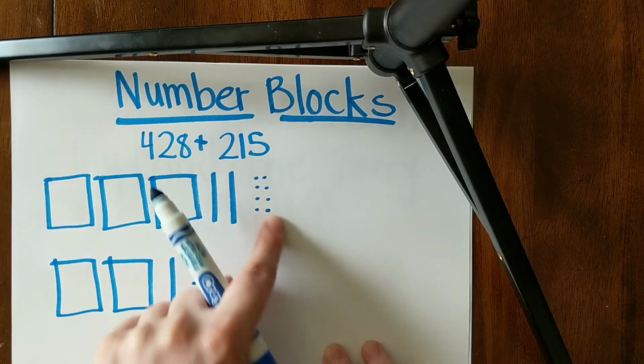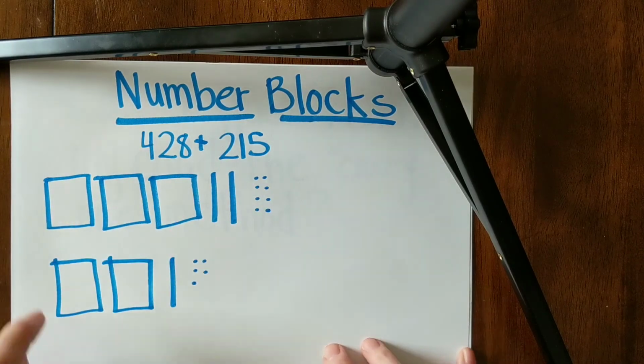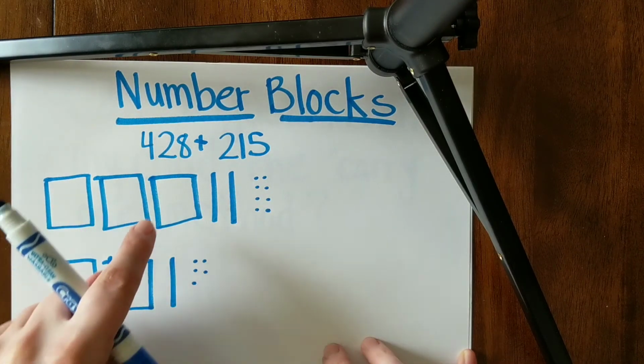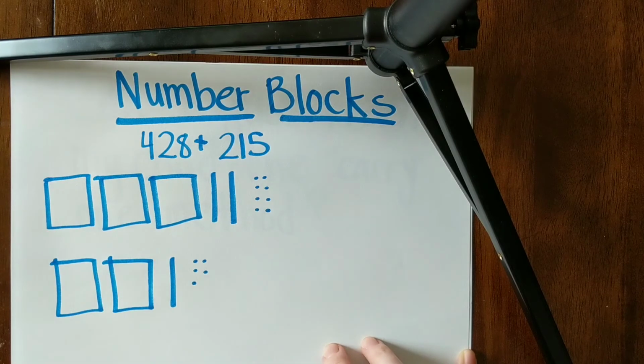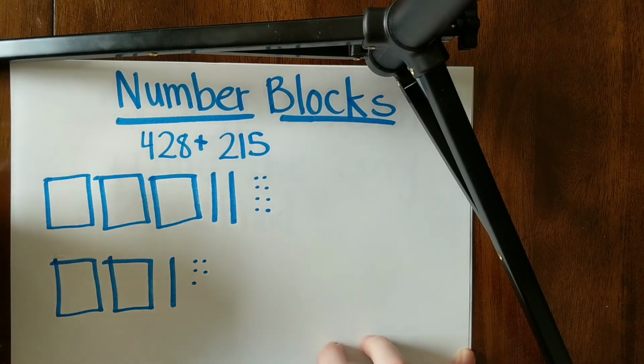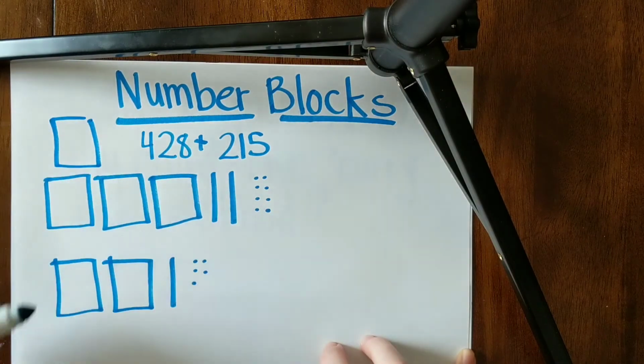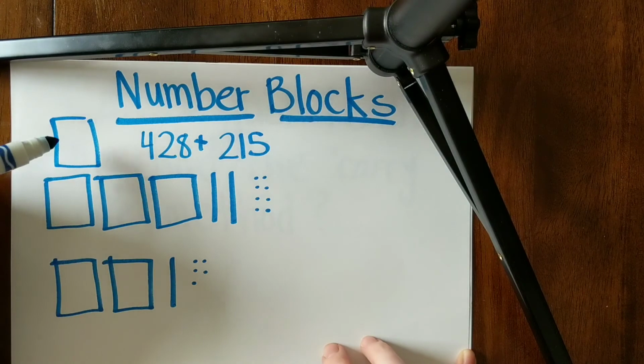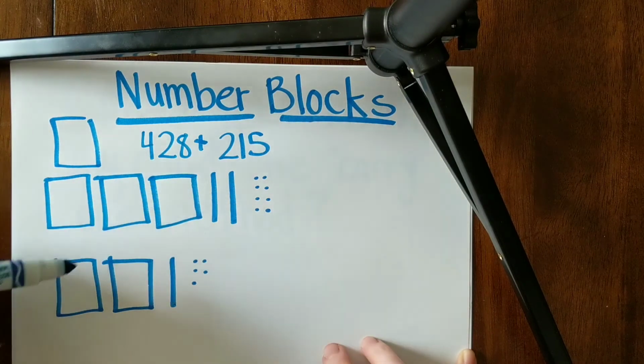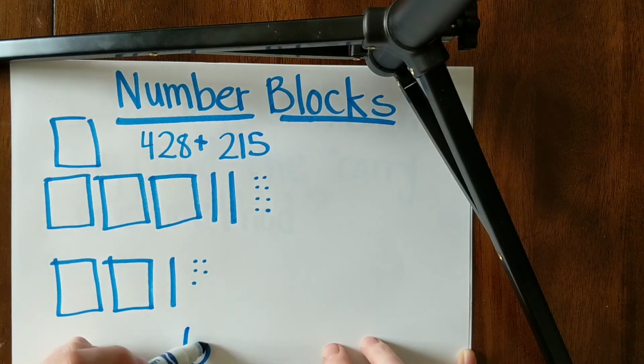Okay. I can now go ahead and count up. Let's see here. I have 1, 2, 3, 4, 5. I made a mistake here. See, mistakes happen all the time. 400s. There we go. 1, 2, 3, 4, 5, 600s.